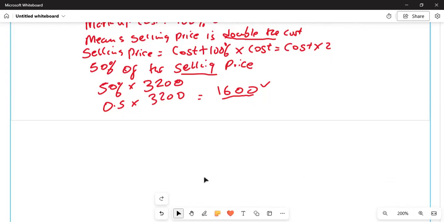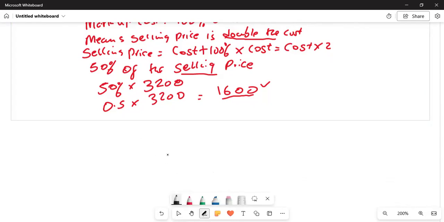So we are still going to do the same. We're going to say 0.5, 50%, multiplied by 16,830. So that is that.